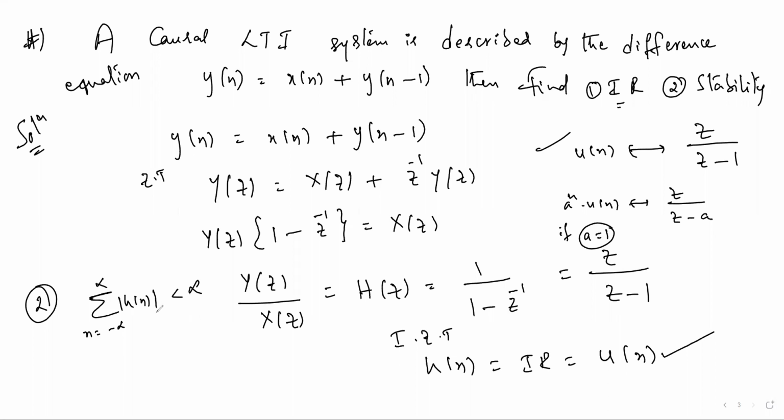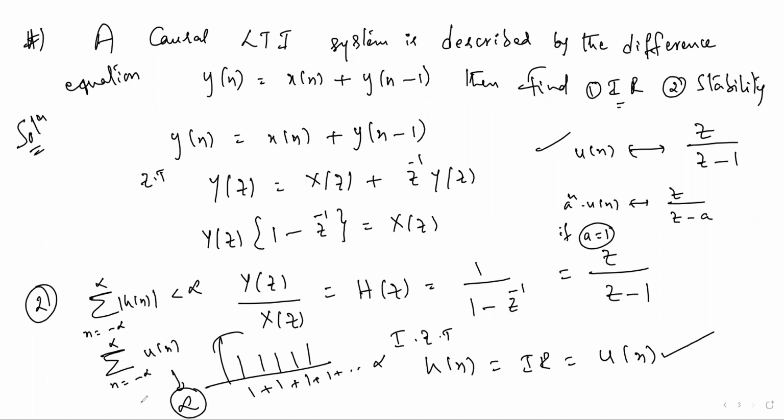If the impulse response is absolutely summable, then it is stable. Now, what about u of n? Summing n from minus infinity to plus infinity of u of n, 1 plus 1 plus 1 plus 1 up to infinity, you get the sum as infinity. So the system is not stable. It is an unstable system.